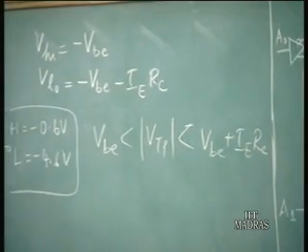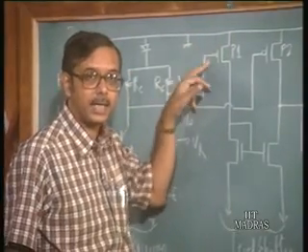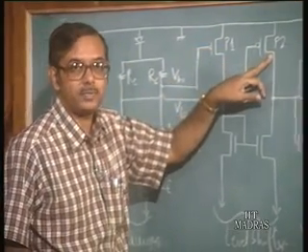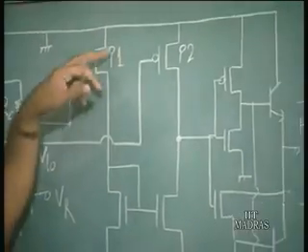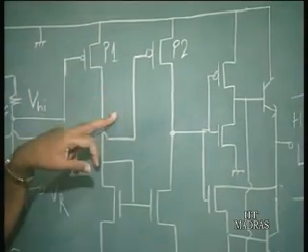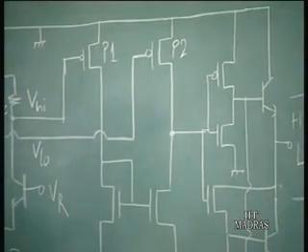One of these PMOS transistors is going to be on, that is conducting, and the other one is going to be off. So, in this level shifting, one branch is going to conduct and the other one is going to be off.